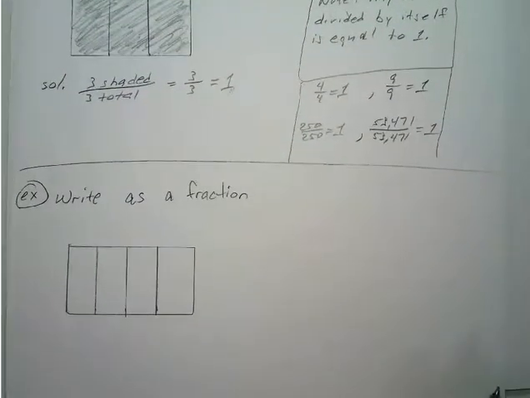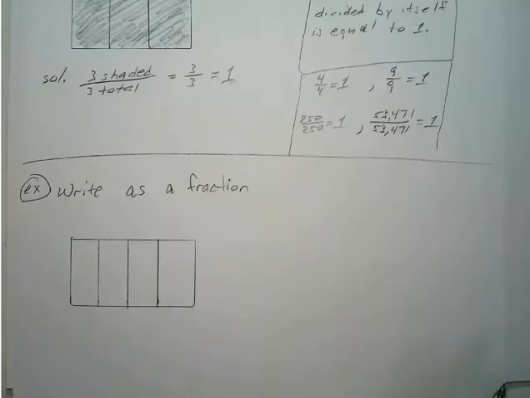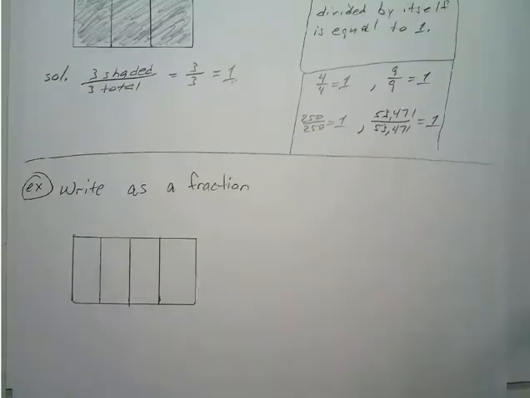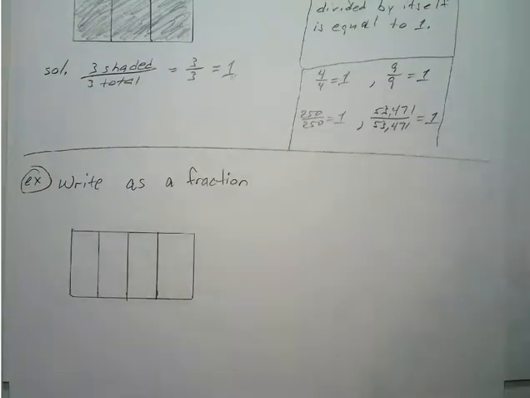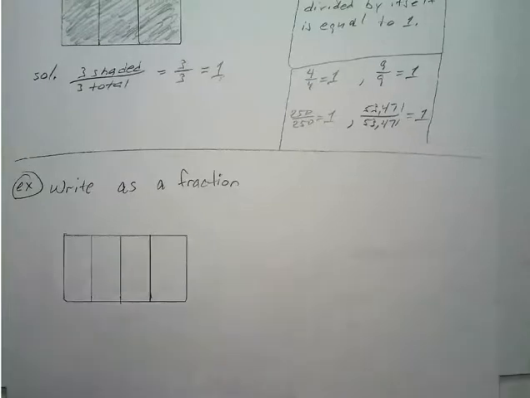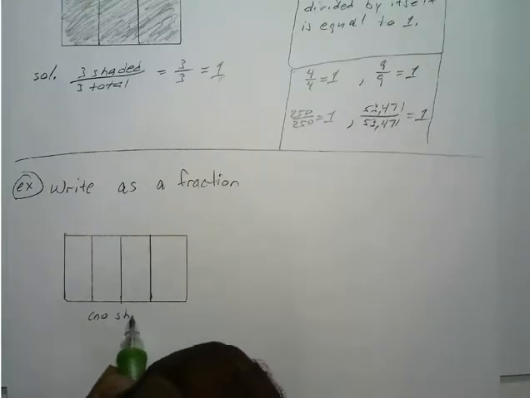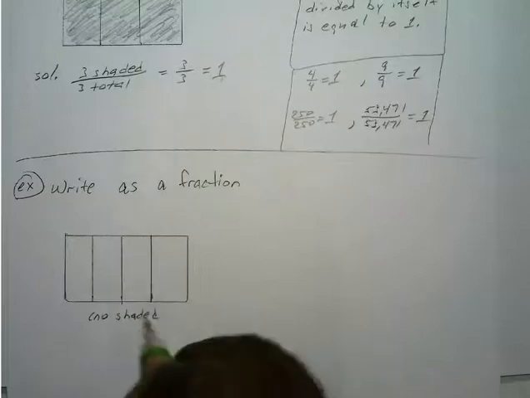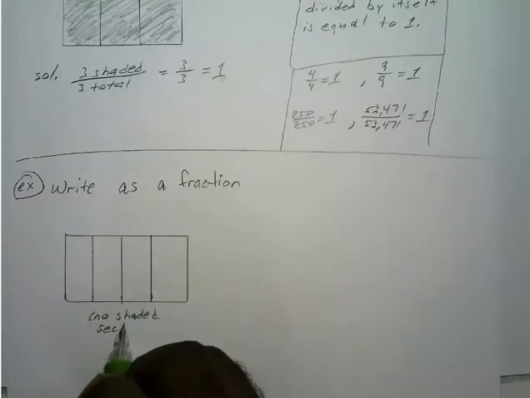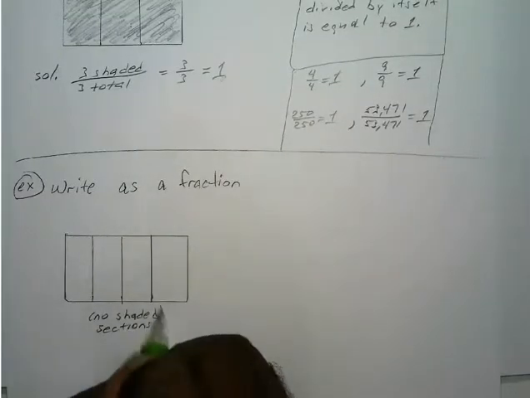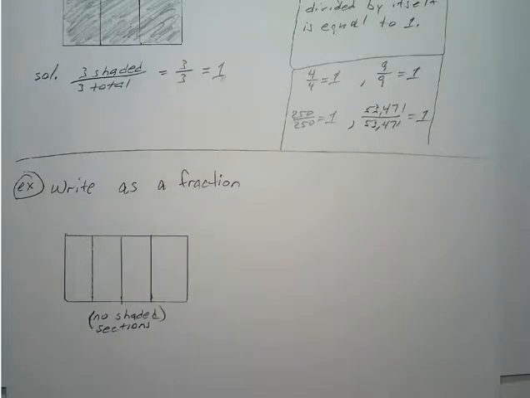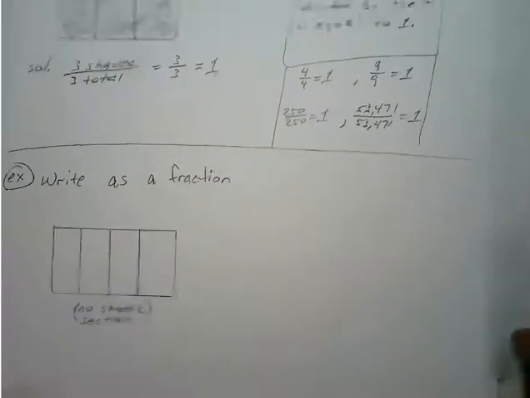Alright, so let's say we have this 1 square cut into 4 pieces, or rectangle cut into 4 pieces. And you have none of them shaded in. So no shaded sections. How would you write that as a fraction?